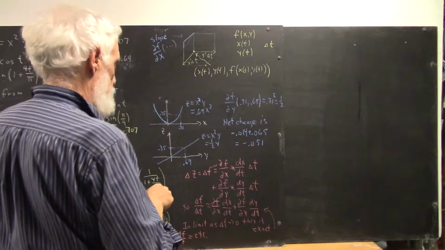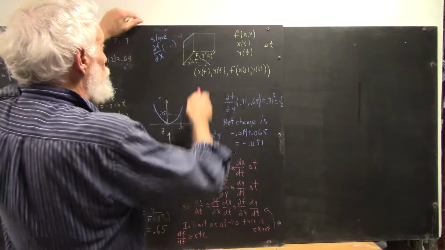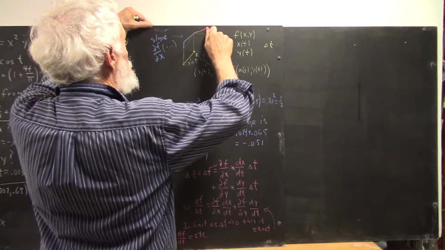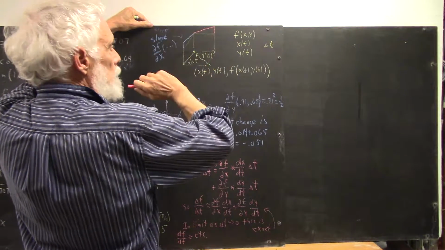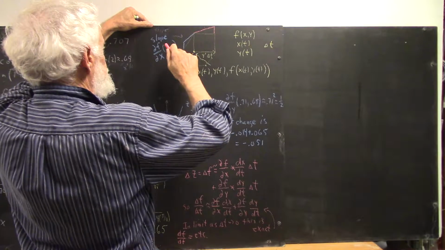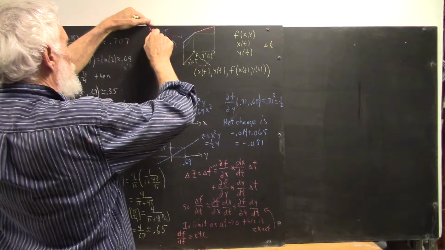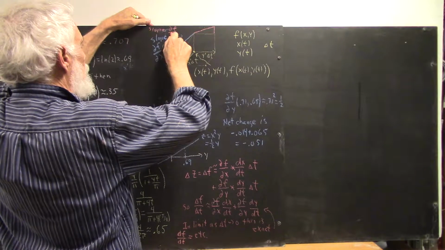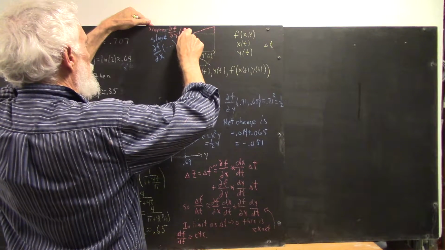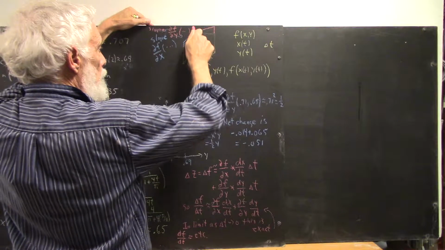And along here we have a slope, maybe I can write it here. Slope: partial f with respect to y, evaluated again at whatever point you get here.